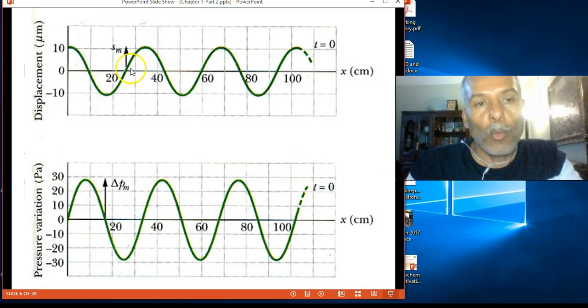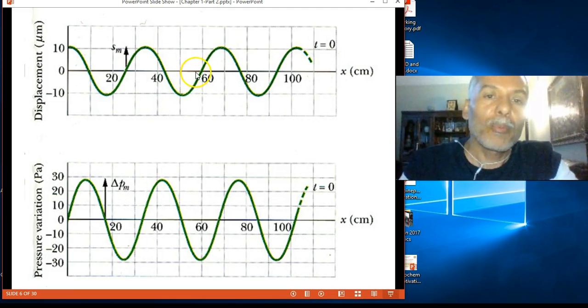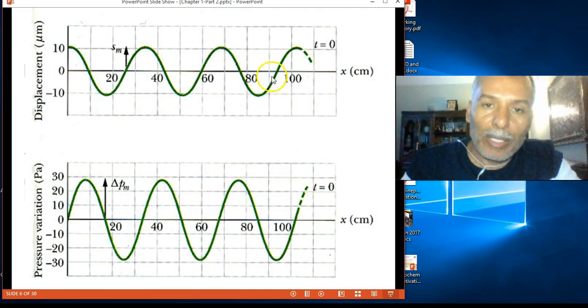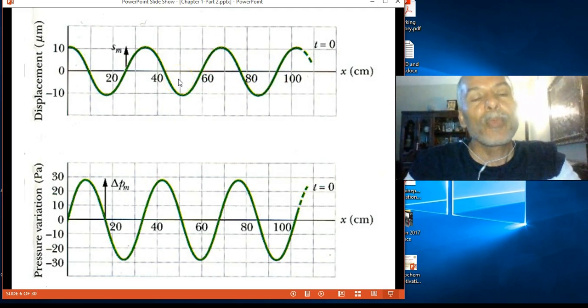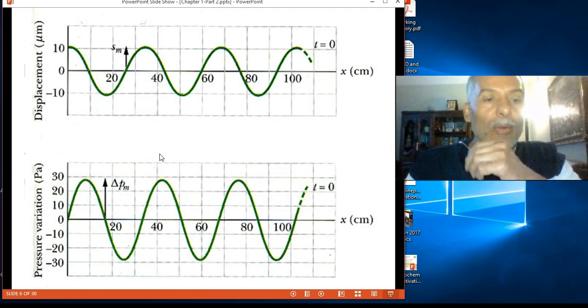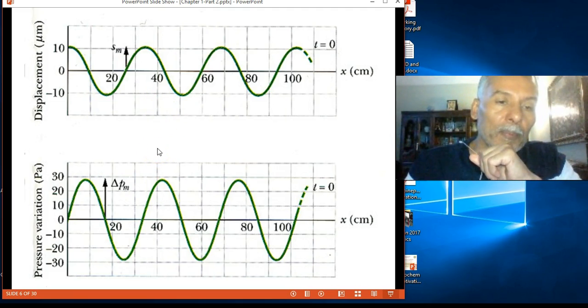So that is one cycle. One cycle makes one complete wave, and then the other wave begins also here, and it makes one cycle. So a wave doesn't have to start exactly here, but two points that are across from each other are going to make a wave.